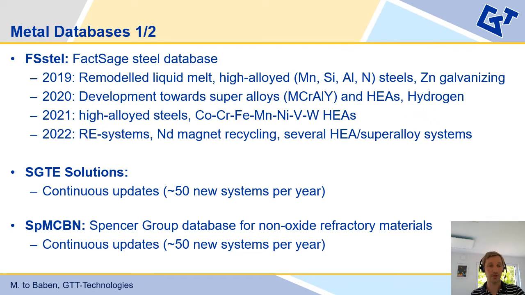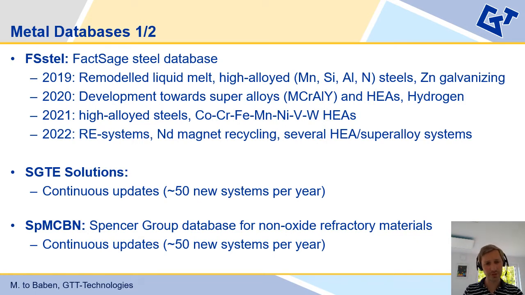And this year, the biggest update is something like 80-90 systems on rare earth elements. That's of course important if you want to model neodymium magnet recycling, but also if you want to see what is the impact of the increasing rare earth concentrations you see in steels.